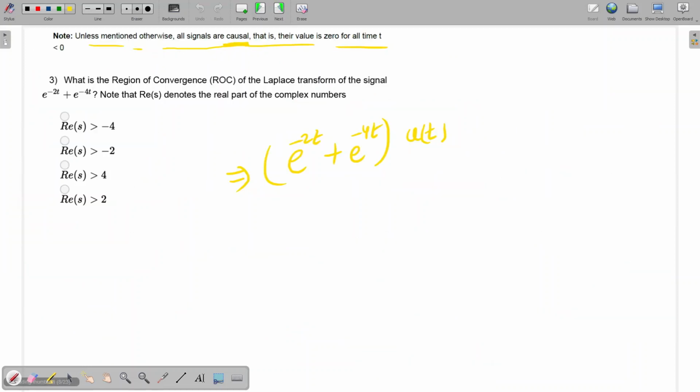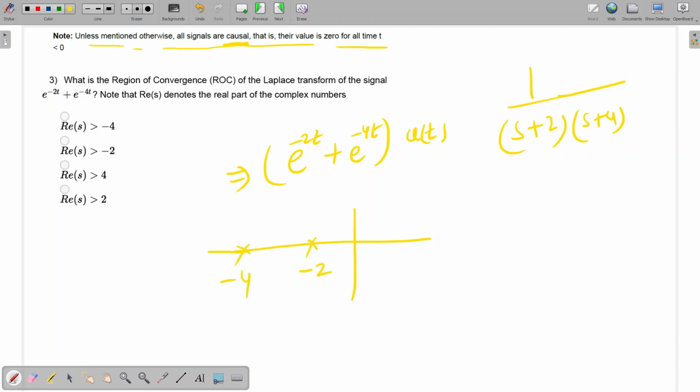So we should check this. What are the poles here? The Laplace transform will be 1 by s plus 2 and 1 by s plus 4. The poles are minus 2 and minus 4. The ROC for the first part will be like this and for the second part like this.